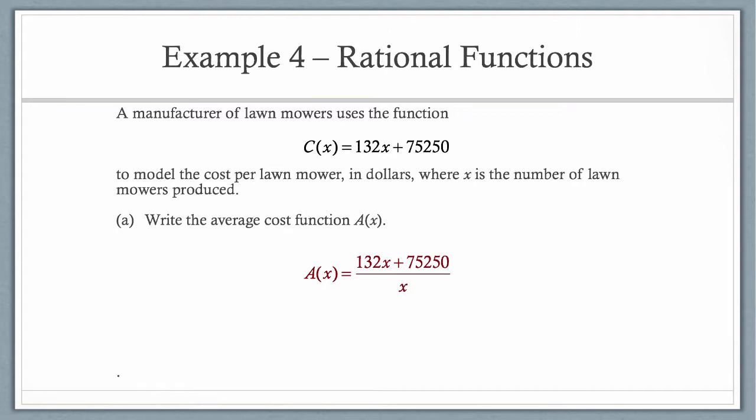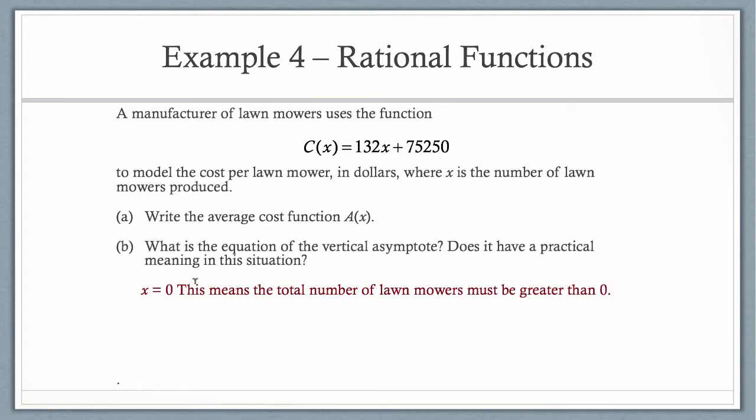So that's my vertical asymptote: x = 0. And if we think about what x represents, the total number of lawnmowers, if my function can't cross over x = 0, that just means we always have to have a positive number of lawnmowers. So the number of lawnmowers must be greater than 0.